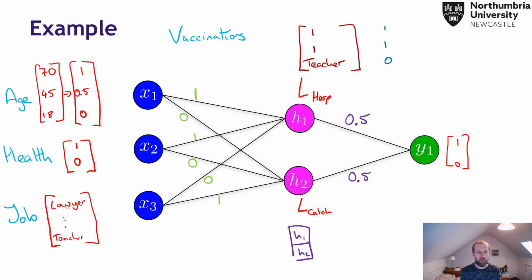So for example, a teacher is going to be 1, but a computer scientist or a student is going to be 0. So let's get rid of that. And we're just going to send this to 0, 1.